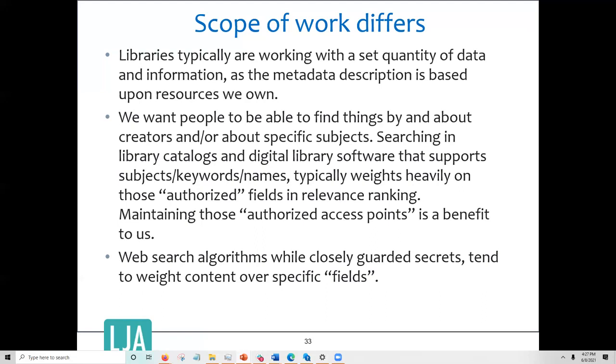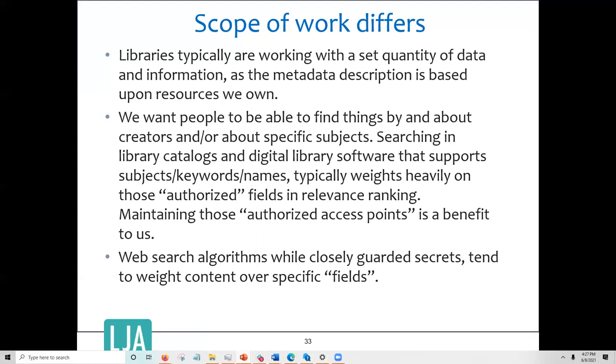And our systems have been very sophisticated in some ways, in other ways not so much, but they're typically weighting or ranking more heavily things that we would consider authorized fields.